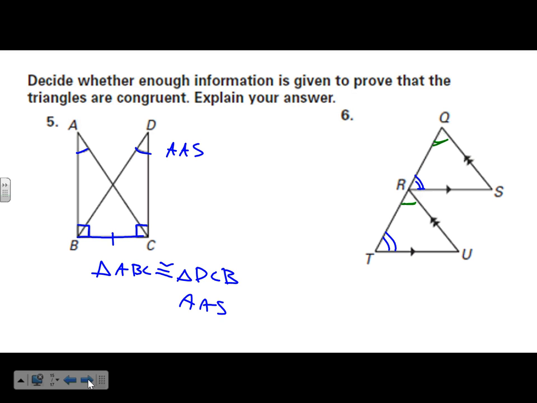And so we have two angles. I don't think we have anything else that we can prove. We might be missing something here, but I can't tell the other angle, and they don't give us any sides that are congruent. Just because lines are parallel doesn't tell us anything about the lines being congruent. So I'm going to say not enough information on this one.